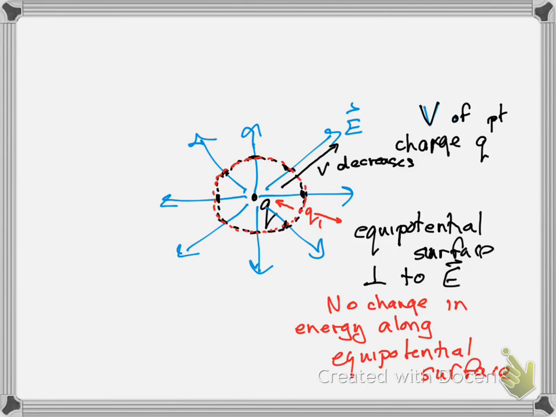So let me go back to the example I started with, a potential that changed linearly with x rather than this one that changes with 1 over radius, right?